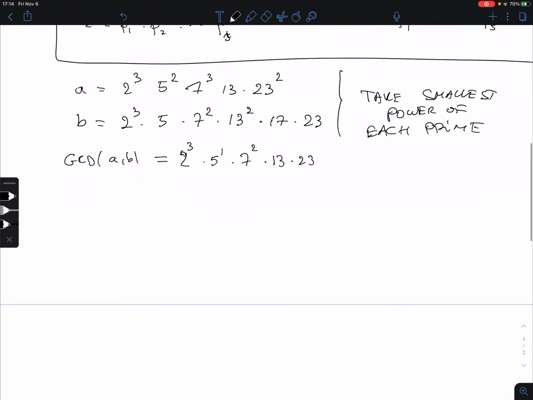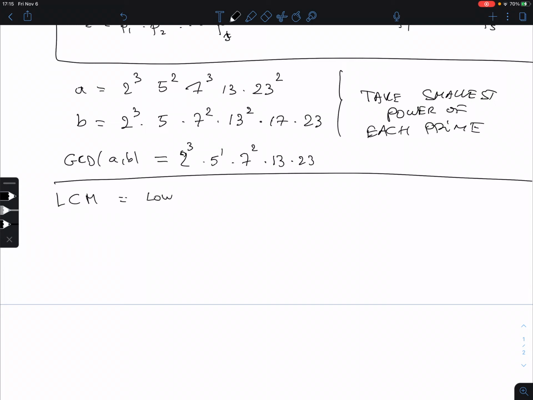Now, as I said, there's kind of a cousin of the GCD, the LCM, that is the lowest common multiple. You know this perhaps better as the least common denominator, LCD. But of course, that's when we're dealing with denominators; what you calculate is the least common multiple.